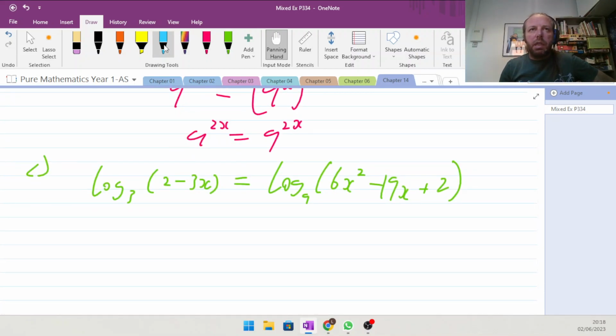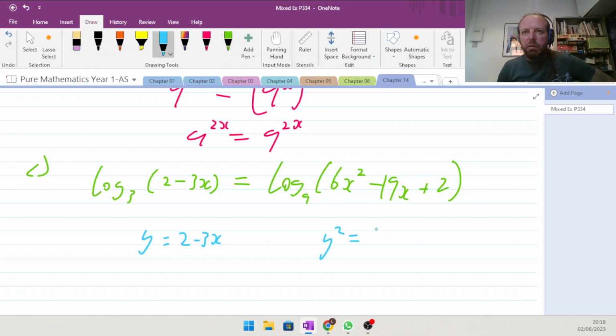So are they saying that they want us to pretend like y is equal to 2 minus 3x and y squared is equal to 6x squared minus 19x plus 2?